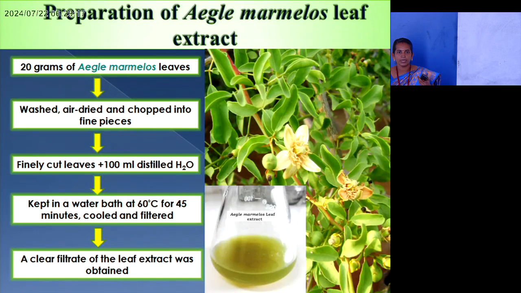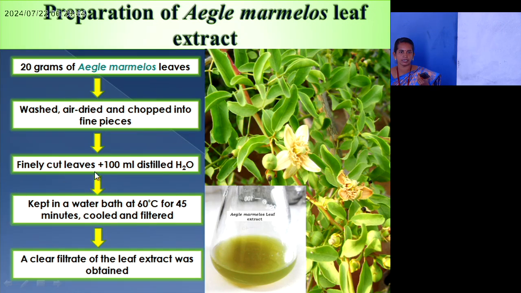So our topic is plant mediated nanoparticle synthesis. Here we see how the plant material is prepared for nanoparticle synthesis. For example, I am taking Aegle marmelos leaf extract. First, 20 grams of Aegle marmelos leaves were taken, washed, air dried and chopped into fine pieces.